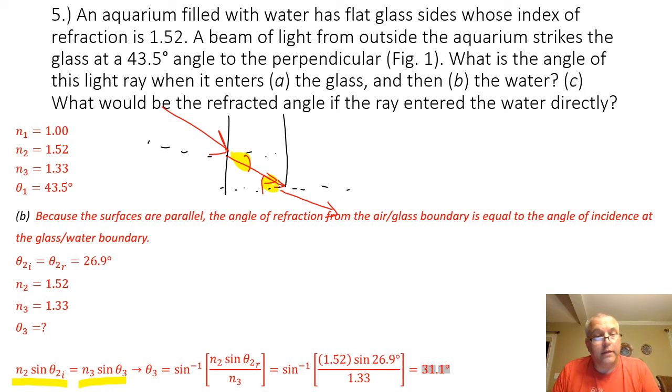So I want to solve this form of Snell's law for theta 3, and that will give me theta 3 equals the inverse sine of n2 sine theta 2 divided by n3. Plugging my known values into that equation will give me an angle of 31.1 degrees.